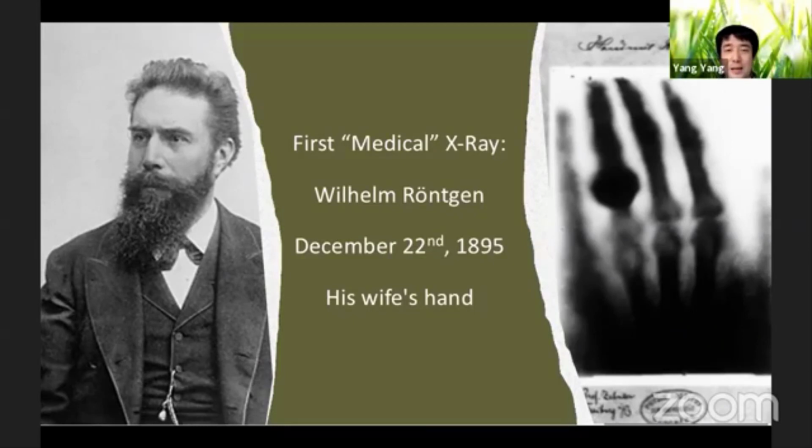And when his wife saw this, she was completely shocked. And she said, I have seen my death. But now we know this has nothing to do with death. This is just a special property of the X-ray that makes it very useful. But this simple experiment marked a historic date, which is December 22nd, 1895. And this date now becomes the first day that human beings used medical X-ray.